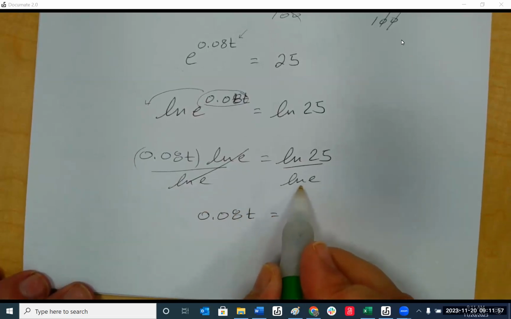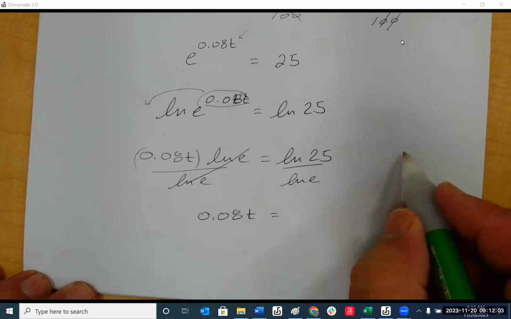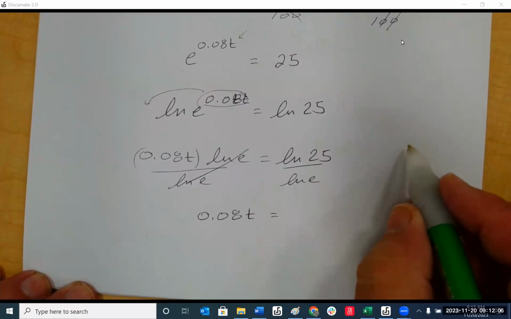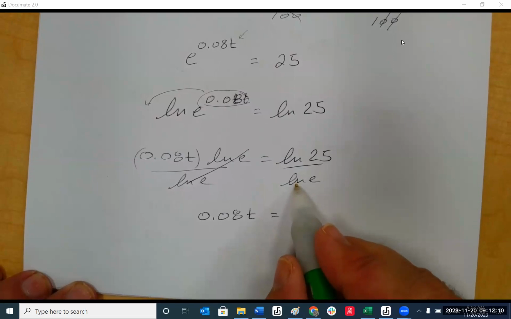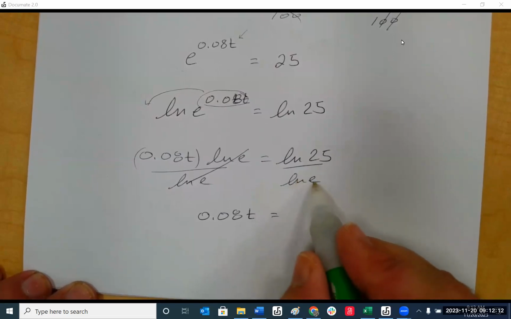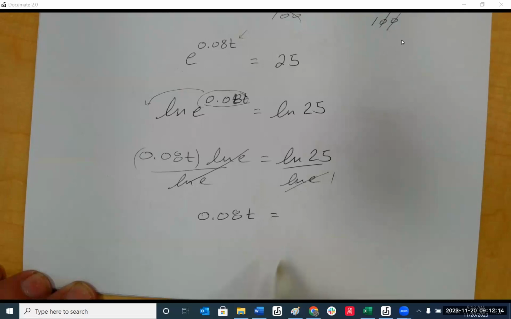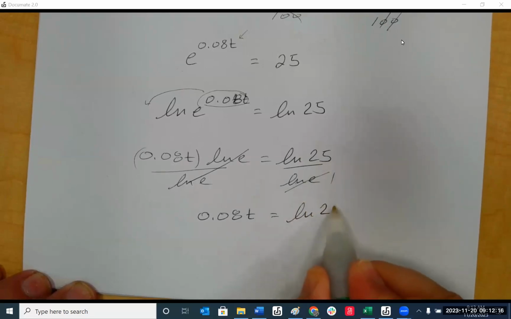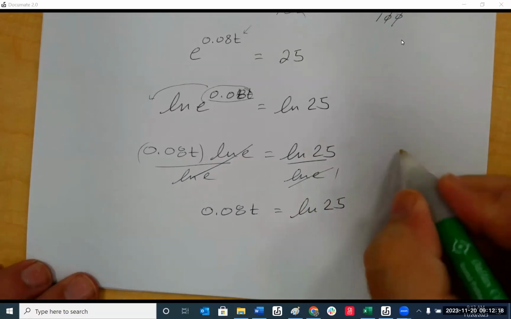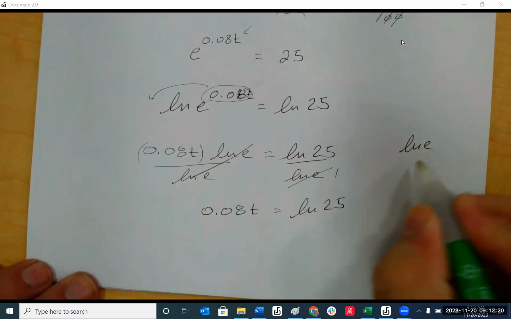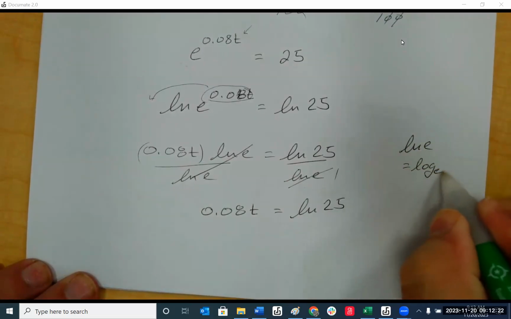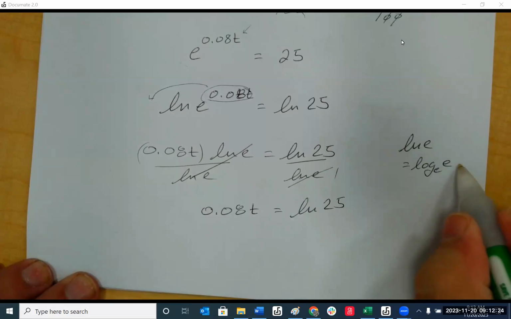What is ln e? It's 1. ln is log base e. Log base e of e is 1. So we just have ln 25.